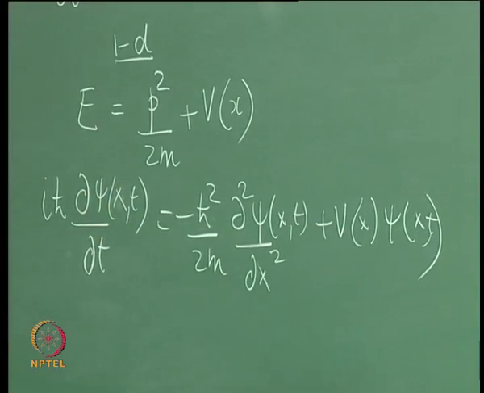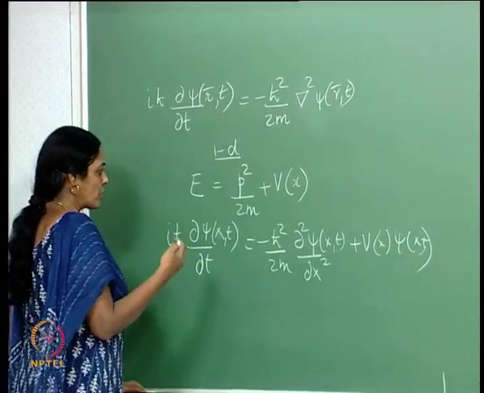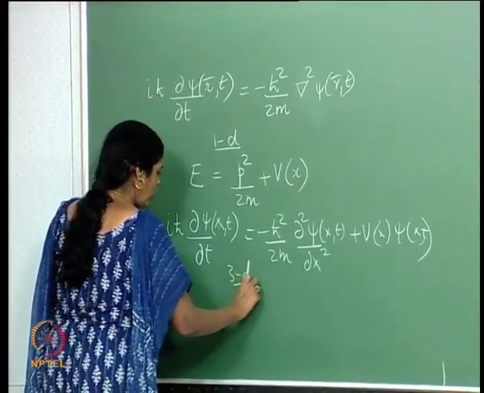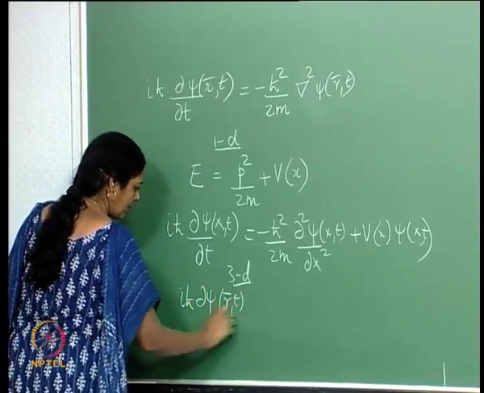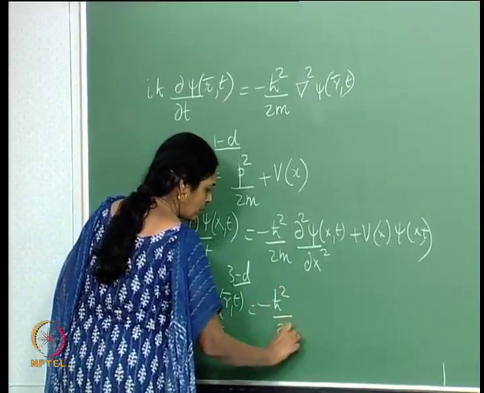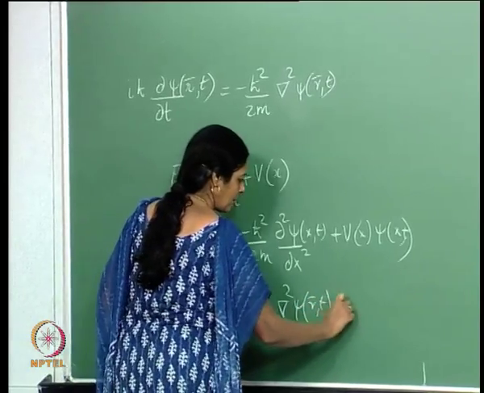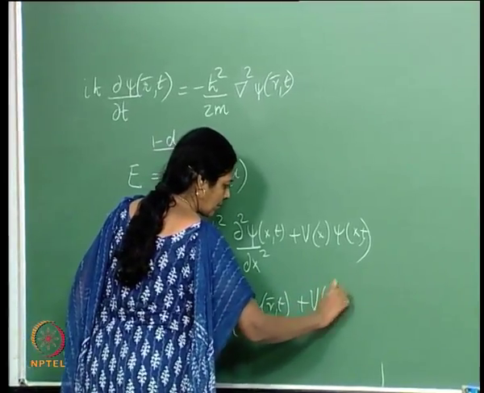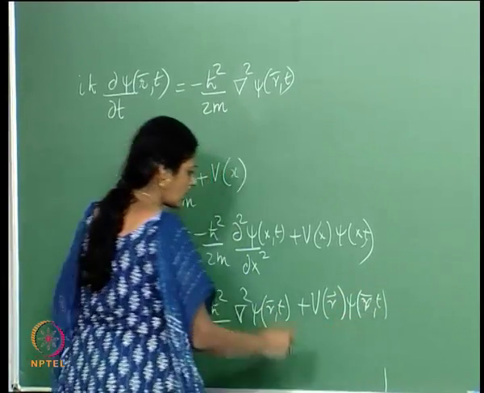Of course, if I have to write the Schrodinger equation for a particle in 3 dimensions subject to a potential, straightforward. Del squared now. So, that is what we have.